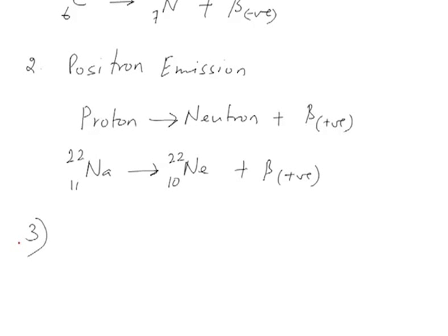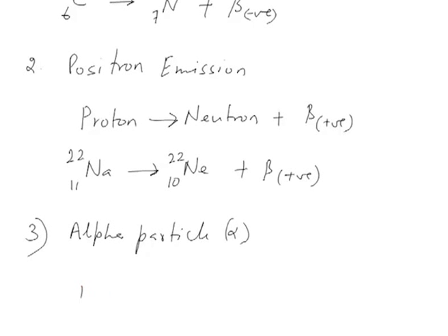Then there could be a third one, which is decay by alpha particle emission. Now, an alpha particle carries a particular weight. It's a helium nucleus and doubly positively charged. So it's not as light as a beta particle, and here you change the atomic number by 2 and the mass number by 4.